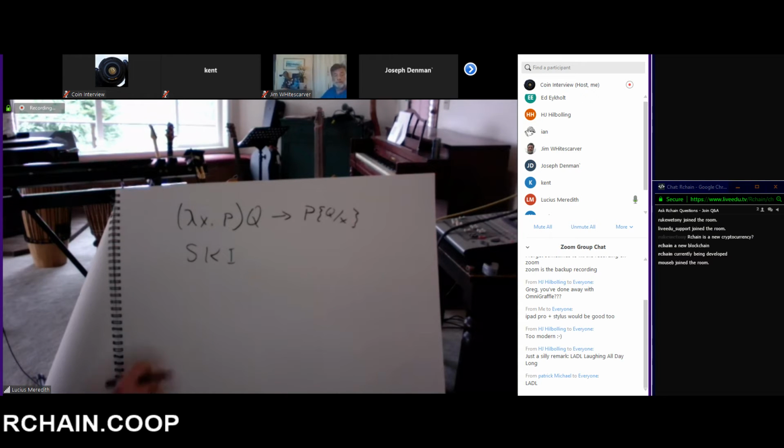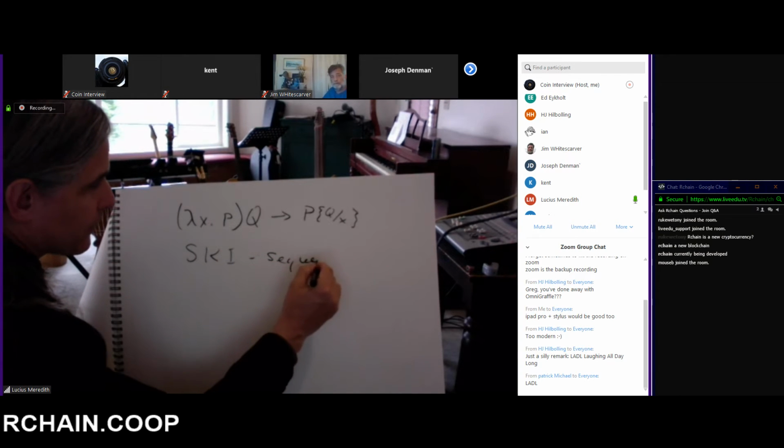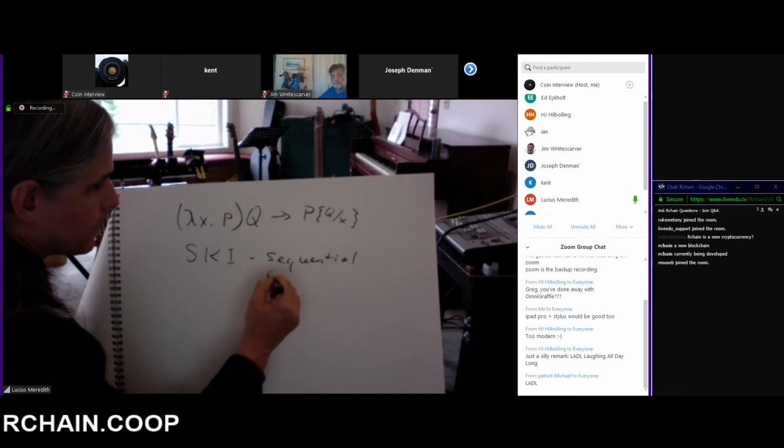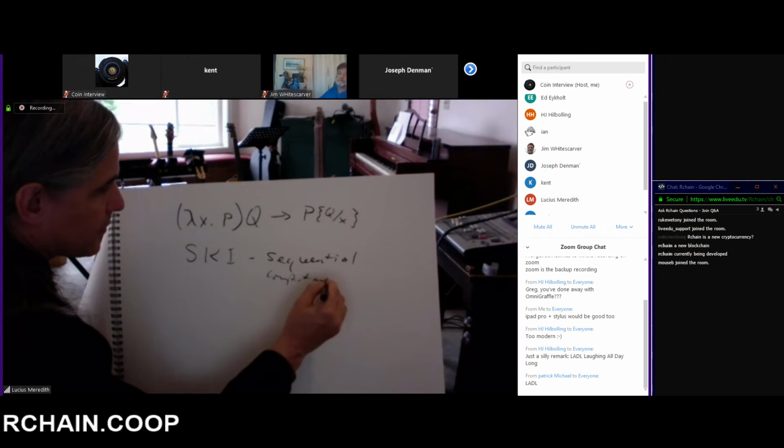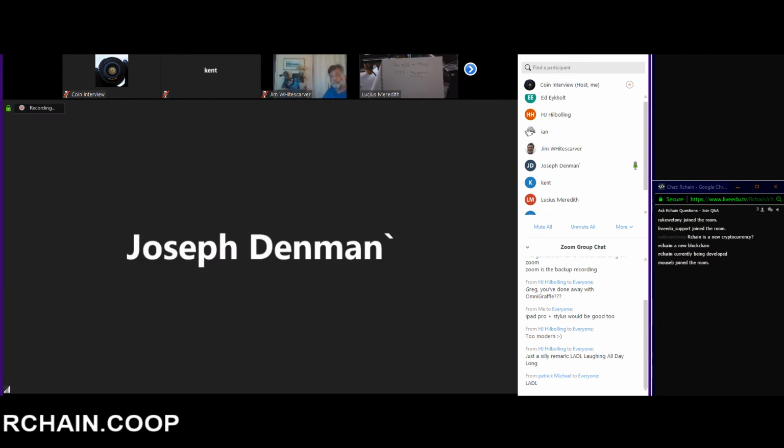So for the longest time we knew how to get rid of variables in sequential computing. The question is how to do it in the concurrent setting. Nobuko Yoshida came up with a set of combinators in the late 90s, early 2000s, but they didn't get rid of all the nominal phenomena. You still needed fresh names and replication.